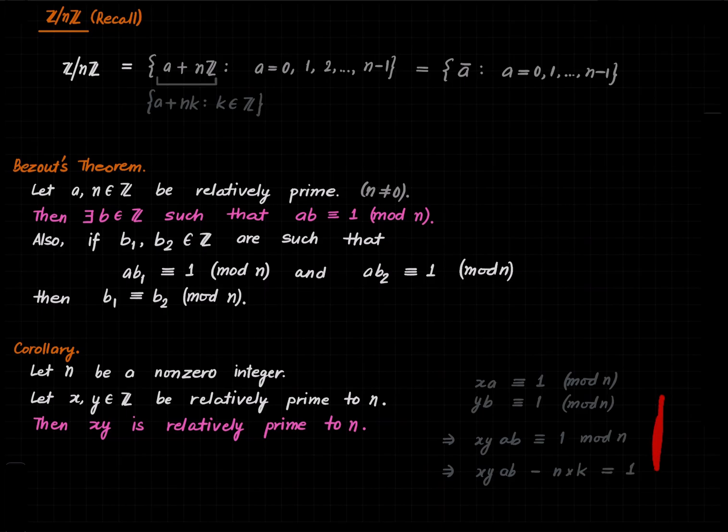So there is an integer k such that this happens, and therefore the GCD of n and xy should be 1, because the GCD divides the left hand side and hence the right hand side, but the right hand side is 1. So all this you must already have seen in number theory. I'm just recalling. Okay, let's move on.